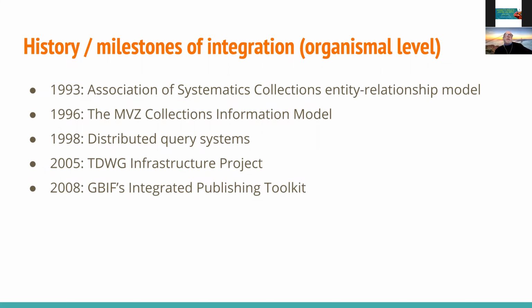The first thing is going to be the Association of Systematics Collections, which was an entity relationship model first applied when we were learning about database design in trying to build database systems for natural history collections.